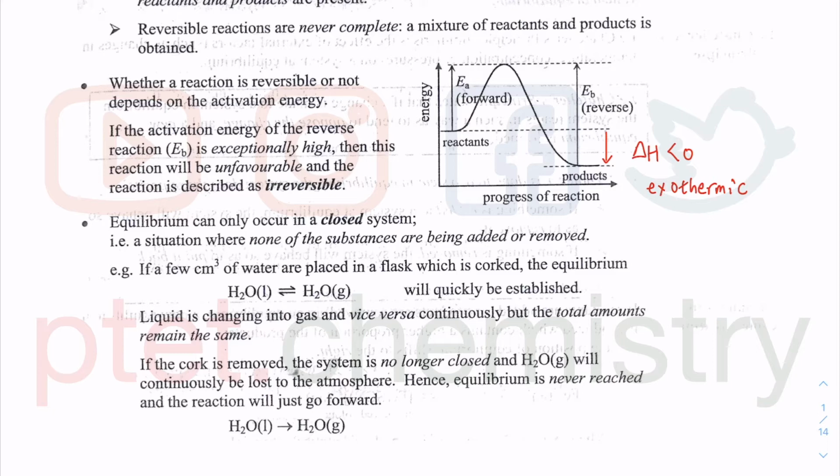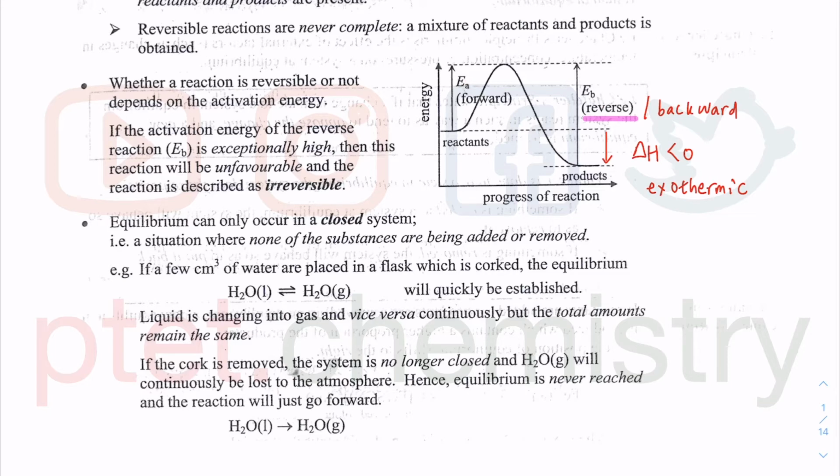But remember that for the reverse reaction, also known as the backward reaction, that is going from right to left, in going from product to reactants, I need to overcome this much of a barrier. So it's going from this starting material all the way to the top of the peak, that is called activation energy. This is for the backward or the reverse reaction. Both these arrows are heading upward because activation energy is going to be positive. It's going to be an energy that you need to overcome.